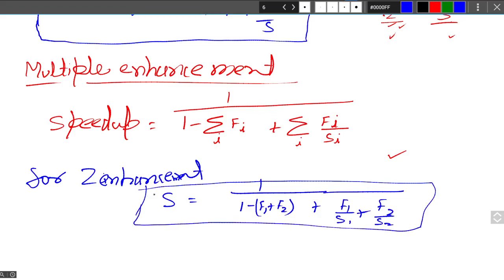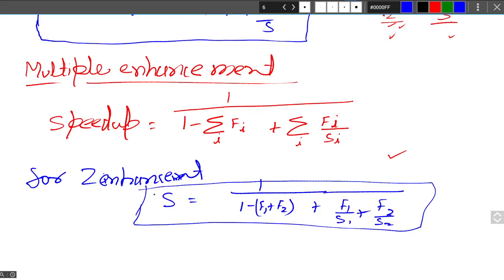So in this way you can find out, if there are enhancements in your system, what will be the speed up, and using these formulas you will be able to find out one thing given the other.